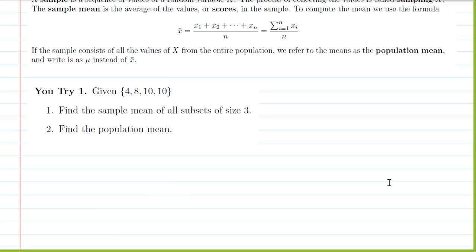So our sets would be 4, 8, 10, then 4, 8, 10 again with the other 10, then 10, 8, 10, and 10, 4, 10.